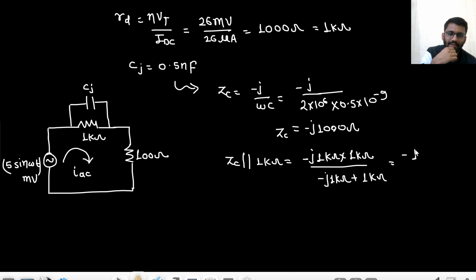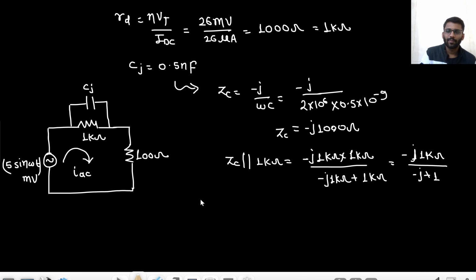Okay, so it will be minus j into 1 kilo ohm, 1 kilo ohm will come outside, it will be minus j plus 1, right? So this is the impedance provided by this parallel combination. Am I doing the calculation right? Let me check. Minus j 1 kilo ohm into 1 kilo ohm upon j, 1 kilo ohm will come outside. Minus j into 1 kilo ohm will be there upon minus j plus 1.